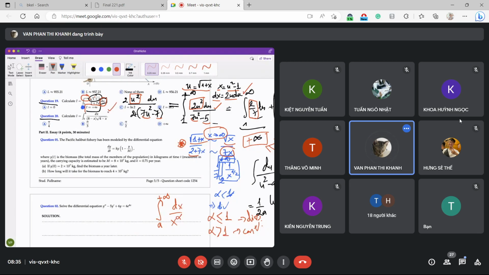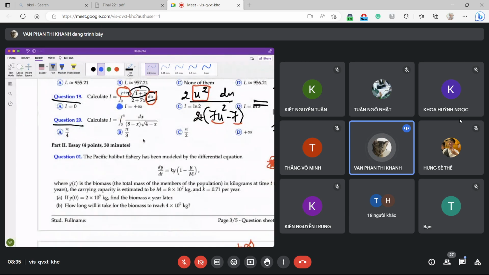Okay. Similarly with the second one, if you want to calculate this integral, let u be what, class? Number 20. Let you change the variable. Let u be what? Similar to here, square root of 4 minus x.